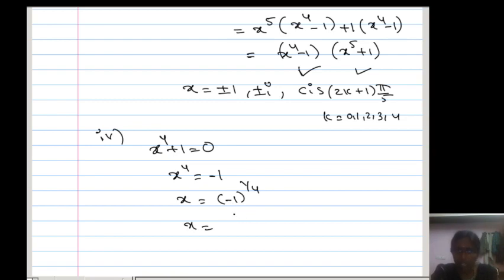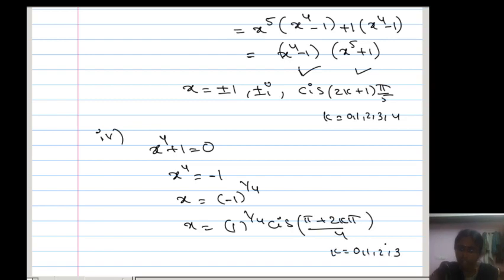Pi, because minus 1. So here the fourth root of the complex number minus 1. So I can write it as 1 power 1 by 4 cis of (pi plus 2k pi) by 4 where k is equal to 0, 1, 2, 3. So our answer is x is equal to cis of (2k plus 1) pi by 4 where k is equal to 0, 1, 2, 3. Okay, so this is our first problem.